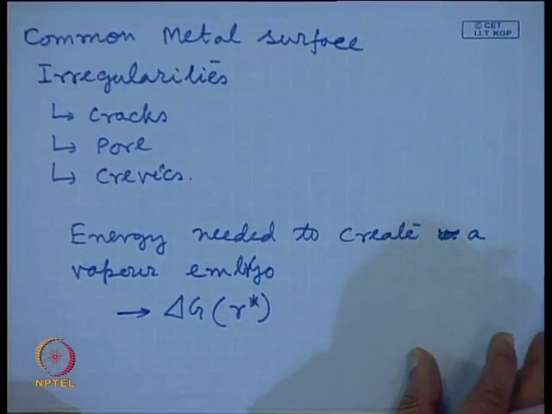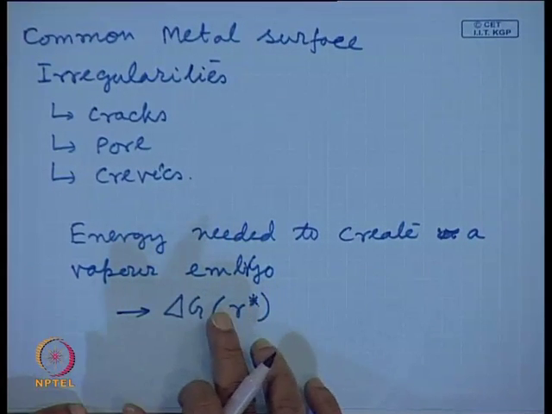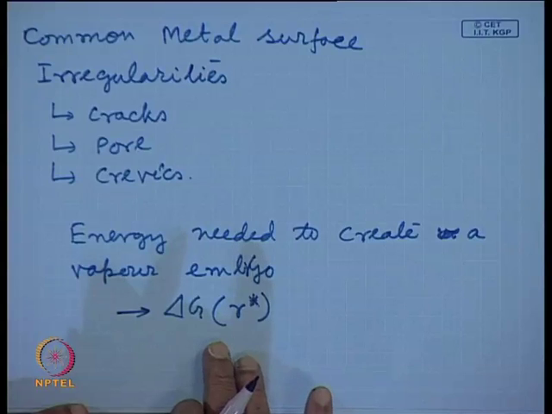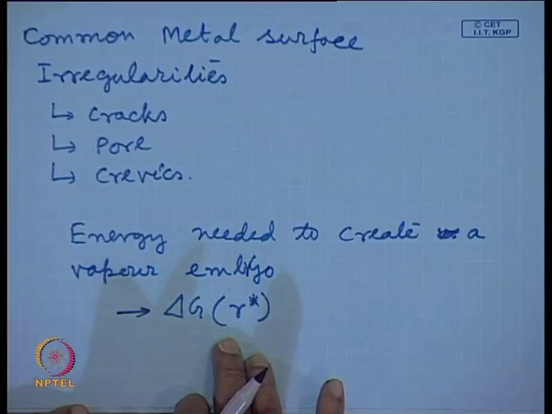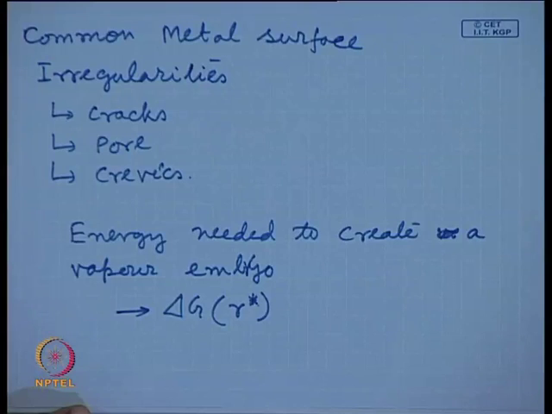Now, we are assuming that this vapor embryo is formed in the bulk of the liquid. But let us say that there is a surface available on which this vapor embryo is forming, then what will happen?